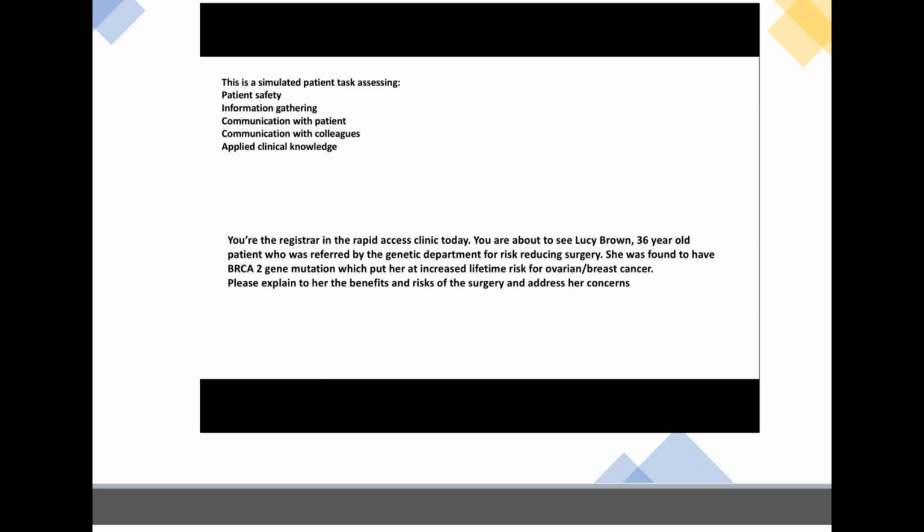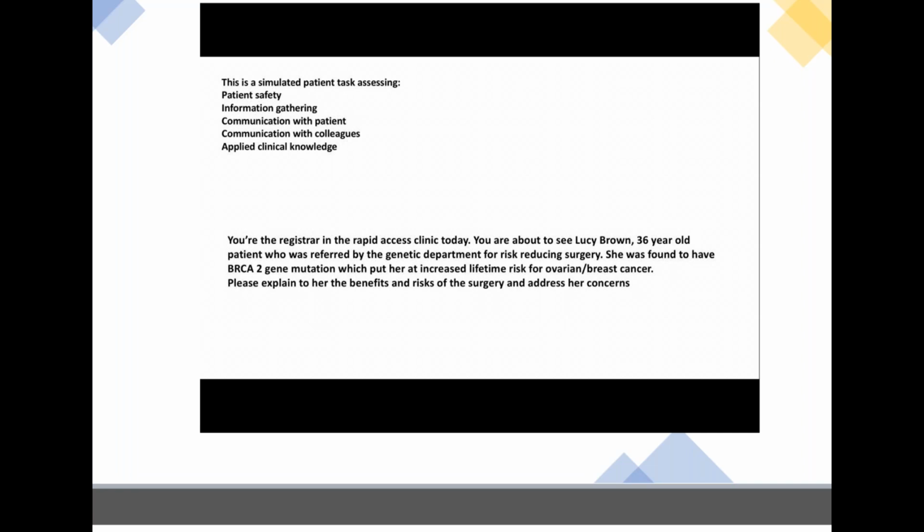She may be screened for any other reason, and then they found that she has the gene mutation, and then she will be referred to you to talk further about the surgery. Okay, so it's totally different. Here the patient will refuse to remove the ovaries and the breast, and you try to convince her. The other patient is requesting unnecessarily to remove her ovaries or even her breast, and you try to convince her not to do that. Okay, you get the idea.